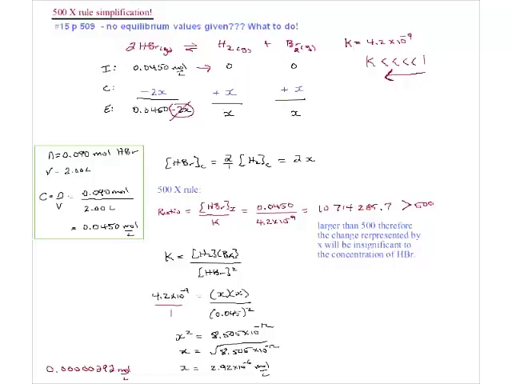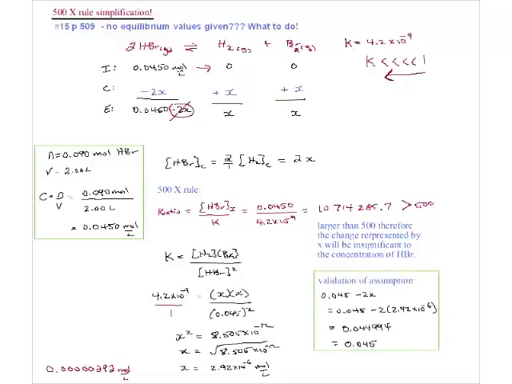All right? So we want to be able to validate our assumption here, and we're saying, okay, let's put in that value for X. Let's put in 2.92 times 10 to the minus 6 right here. So we put that value in, and when we subtract this, we end up getting 0.044994. Well, we only got 2 significant digits in this question.